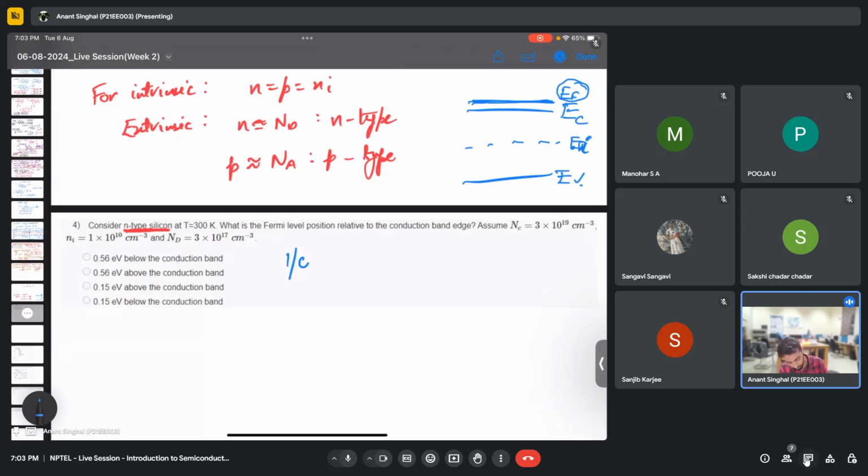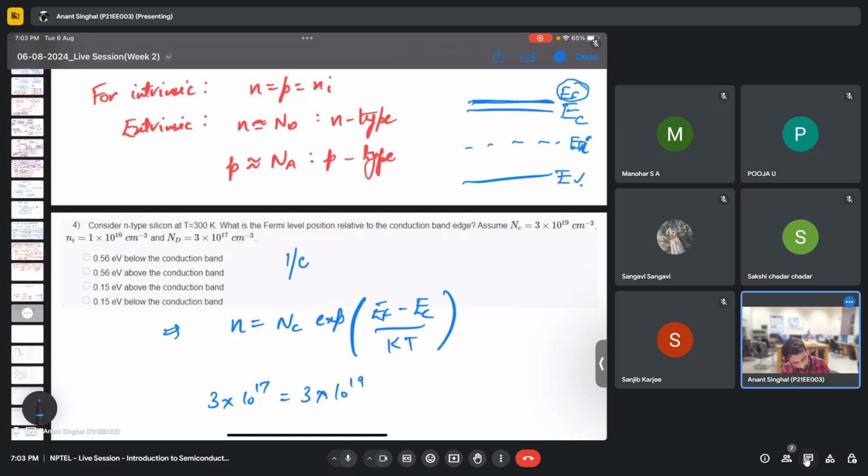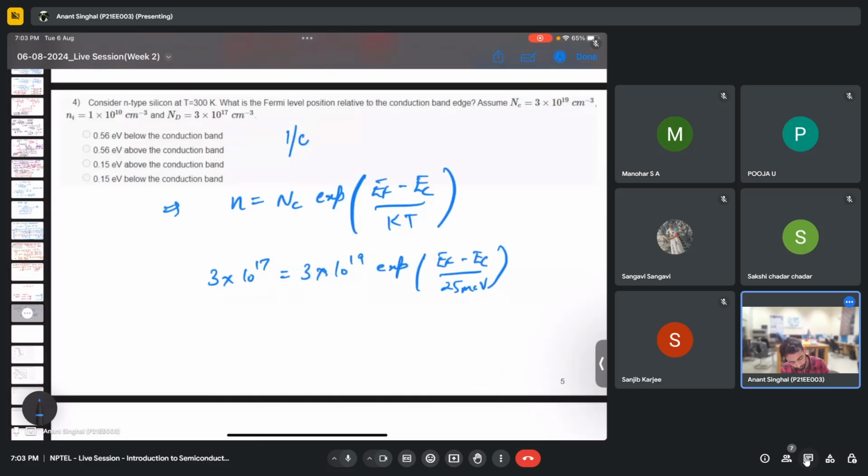This is again the same problem. We have n as Nc exponential of EF minus EC over kT. n is given as Nd because this is an n-type silicon. So I'll write the values. This is 3 times 10 raised to 17. Nc is 3 times 10 raised to 19. And exponential of EF minus EC over 25 milli electron volts. So this will be nothing but 100.